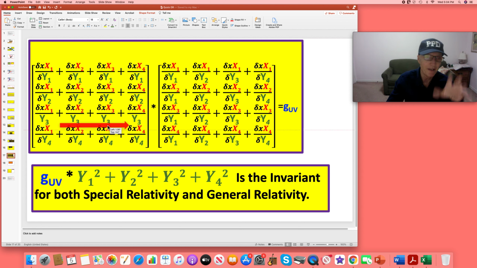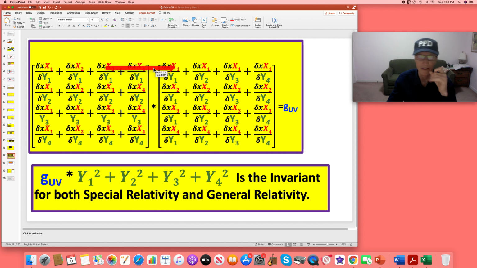So what they did to make it work is they took the first column in the Jacobian, and I had to do this too to match my specifications, and put it in the row. See, x1, x2, x3, x4. So you swap rows and columns.